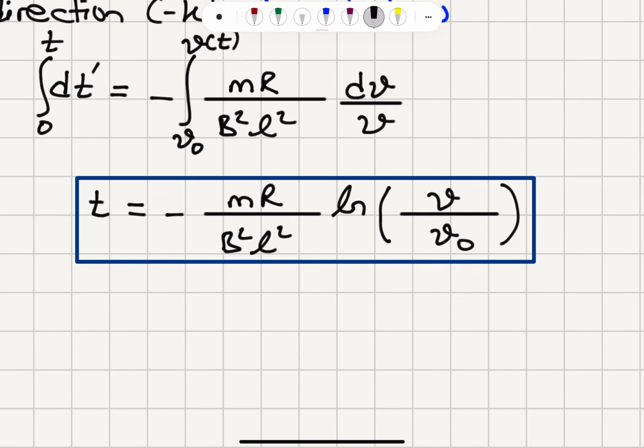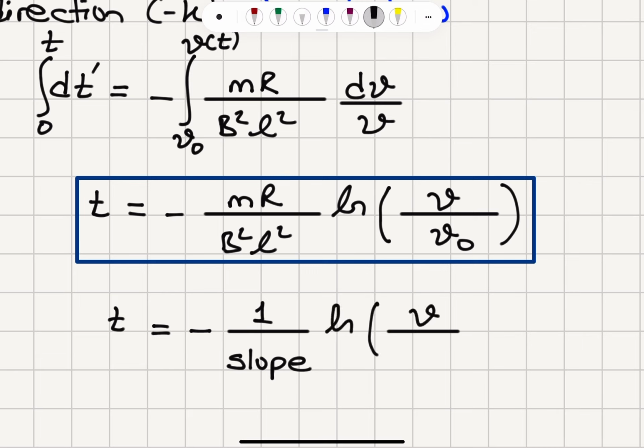So you can see that t is equal to minus 1 over the slope of delta A delta V, natural logarithm of V over V0.